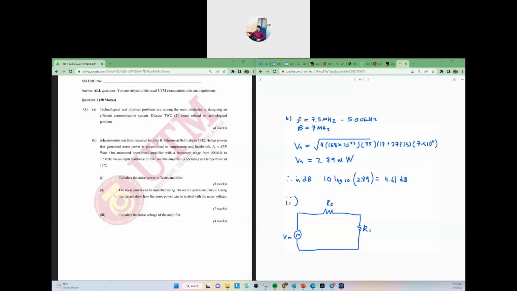Johnson noise was first measured by Johnson. He proved that generated noise power is proportional to temperature and bandwidth, which is Pn equals kTB. So Johnson noise is also thermal noise, because it comes from temperature.